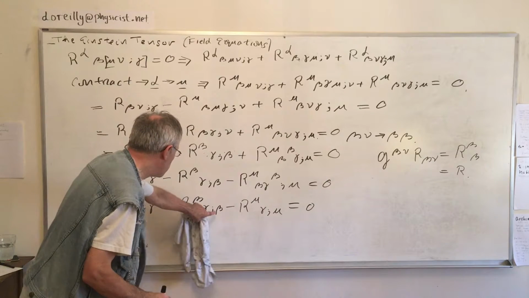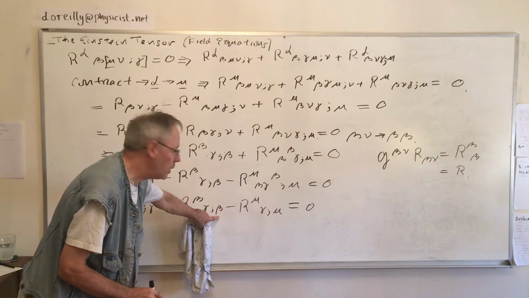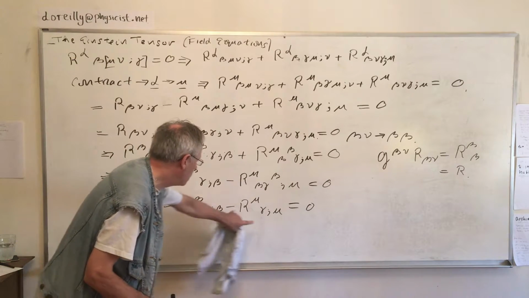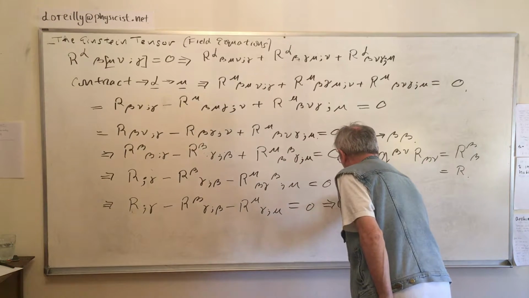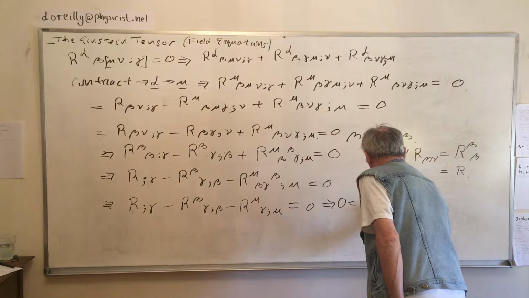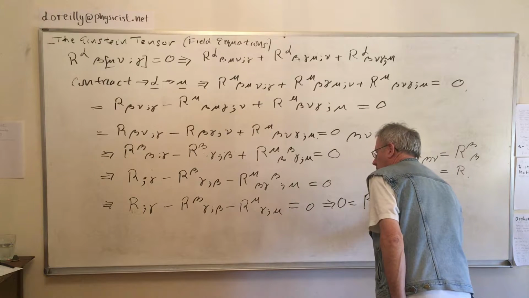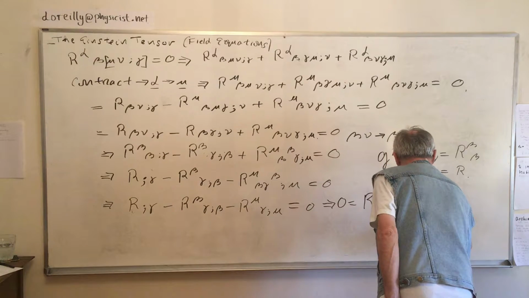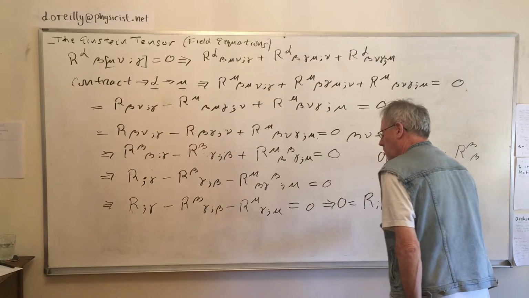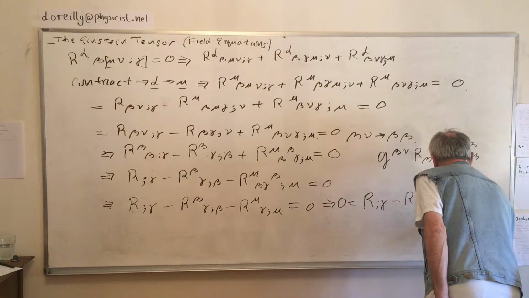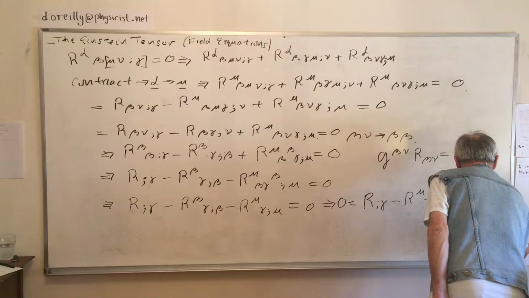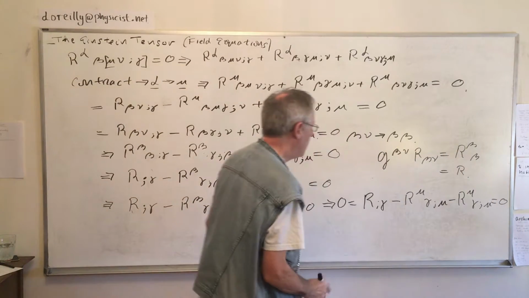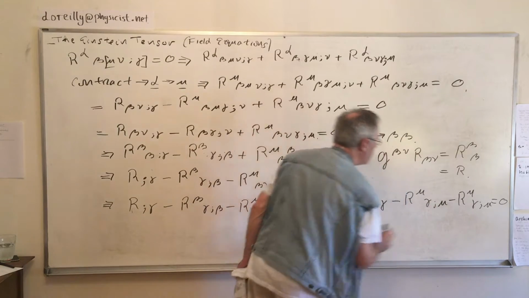Now these are dummy indices, the betas, so we can make them anything we want. So I'm going to make the betas mu's. So I have two identical terms, R mu gamma mu.